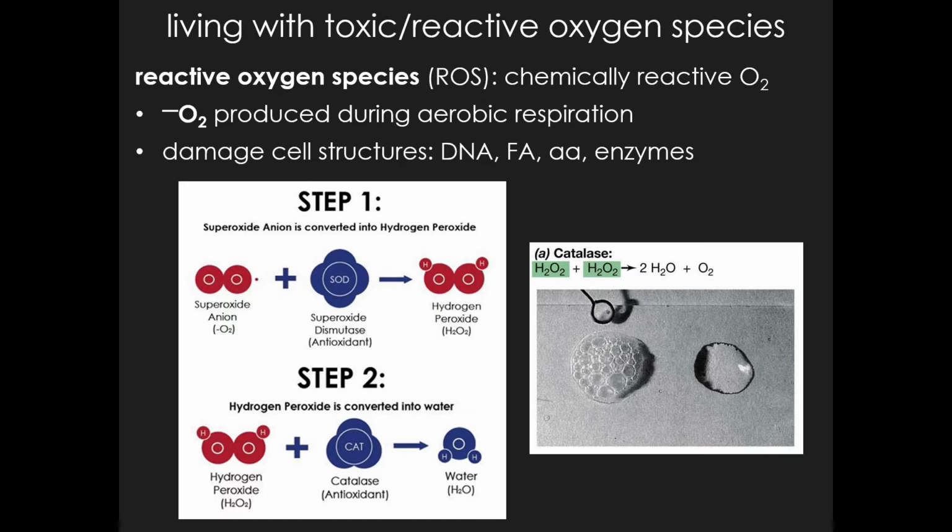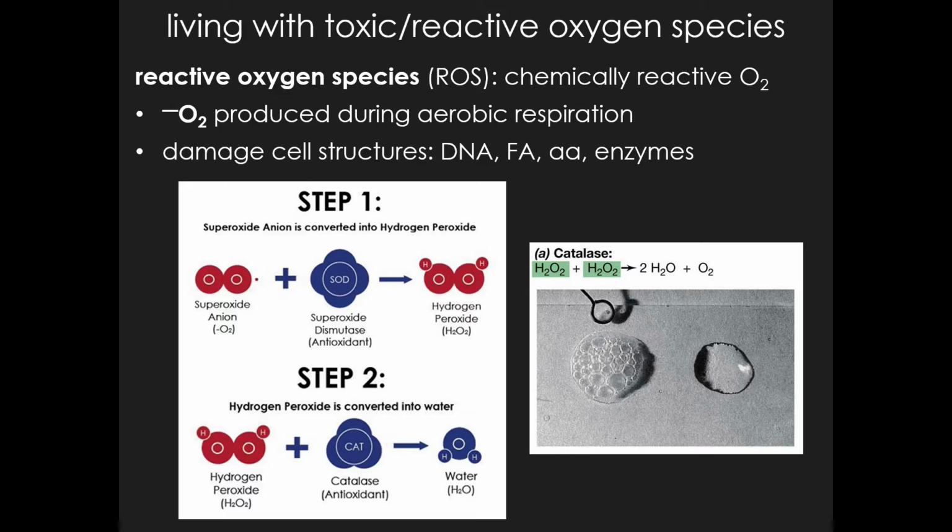First up, we're going to talk about life in the presence of oxygen, which is kind of interesting to find out is actually fairly difficult to accomplish, because oxygen will naturally convert to what are called reactive oxygen species. Reactive oxygen species, which you'll sometimes hear called toxic oxygen species or free radicals, are chemically reactive oxygen species.